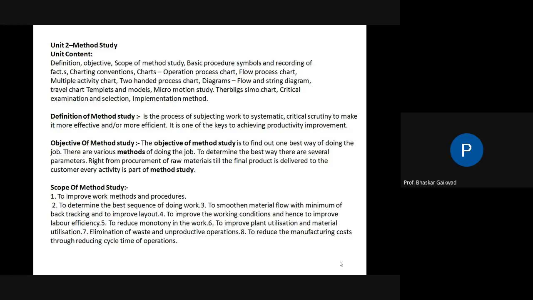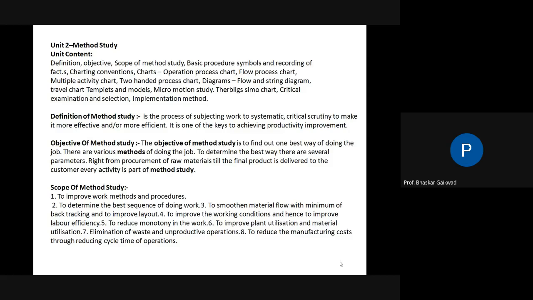Then 7th point, elimination of waste and unproductive operations. Say raw material wastage is always dangerous to an industry, because nearly more than 60% of the cost is related to raw material, and if we waste material while making a component, definitely our raw material cost will increase.